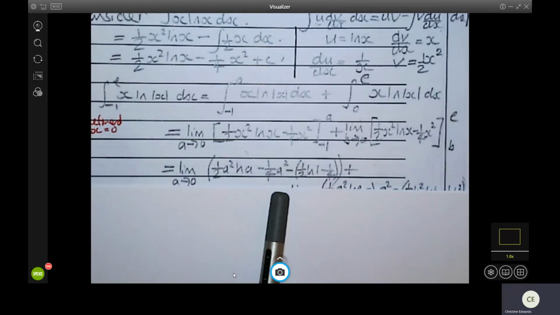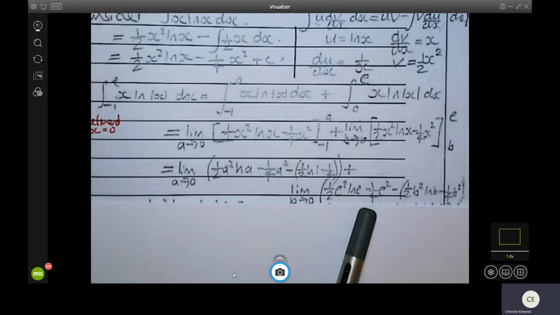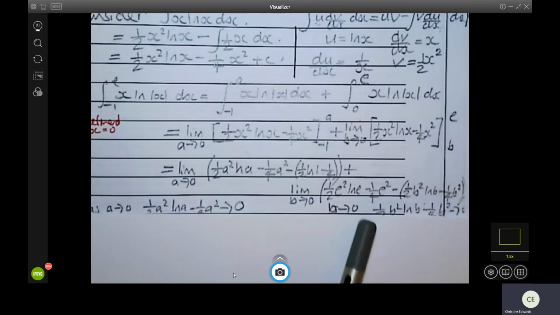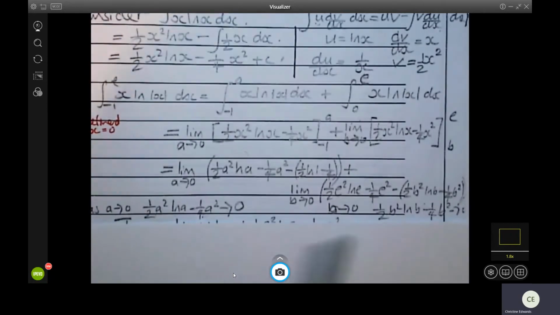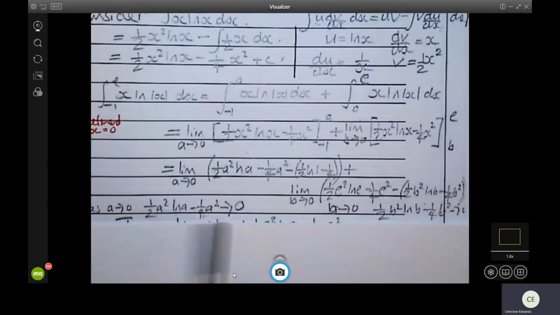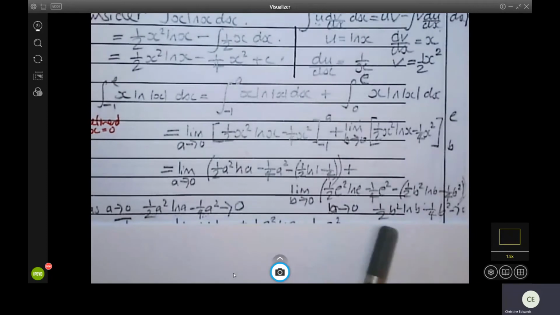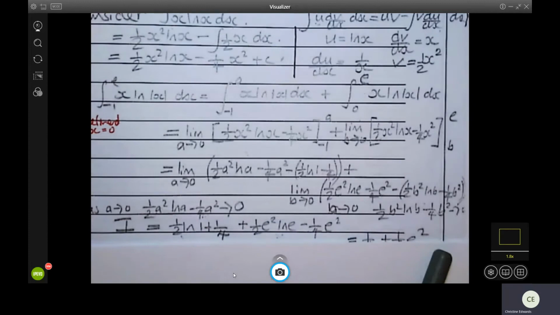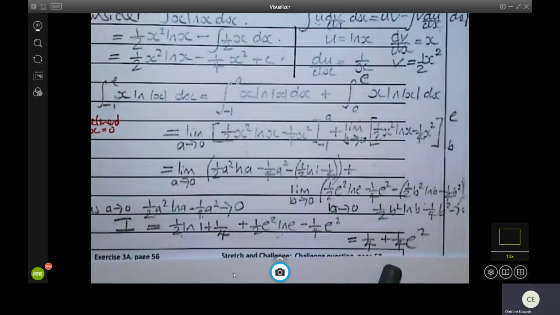So there is the -1 and the a being subbed in, and there is the b and the e being subbed in. I then consider what happens when a tends to 0. This function tends to 0, and what happens to b when b tends to 0. This tends to 0. That means that from both of those integrals, I am left with these terms, which simplify to an overall value for the improper integral of 1/4 plus 1/4 e squared.